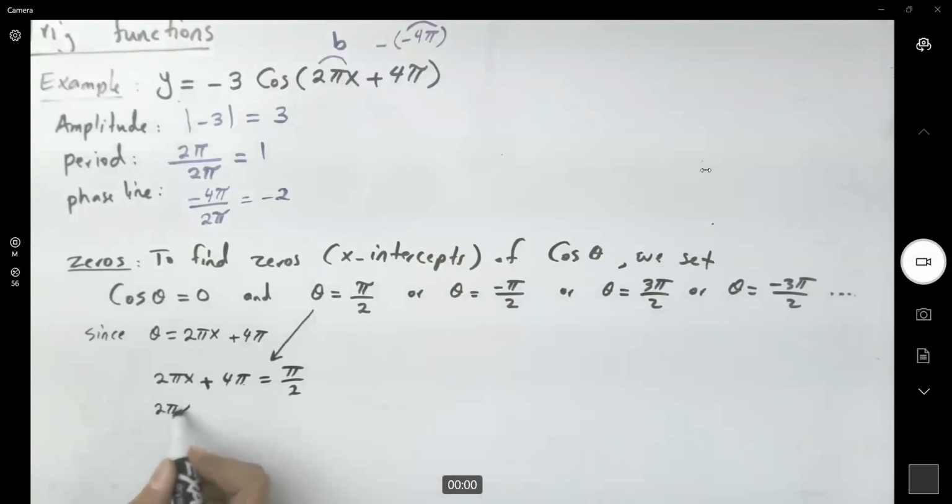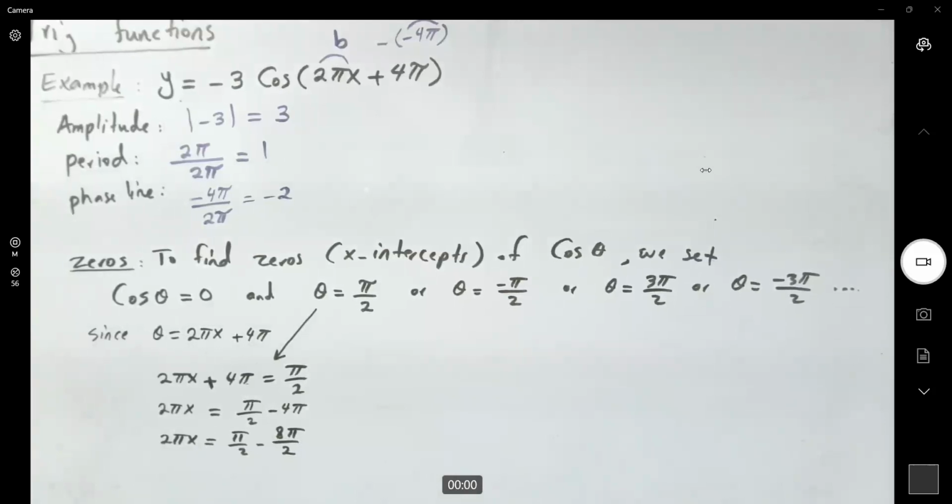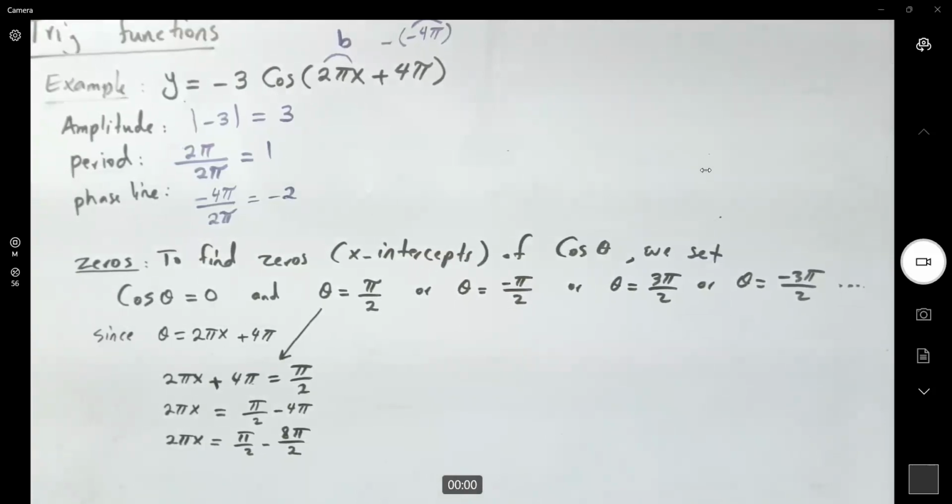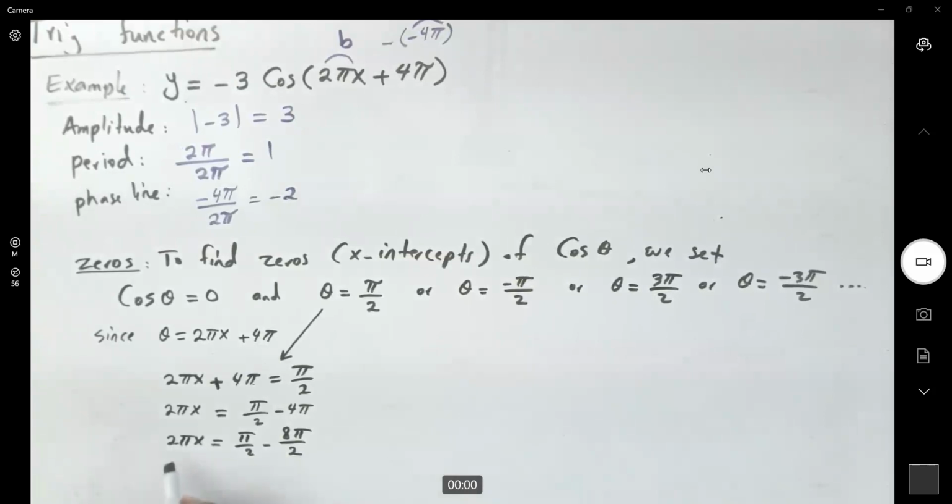So 2 pi x is equal to pi over 2 minus 4 pi, or 2 pi x is equal to pi over 2 minus 8 pi over 2, or 2 pi x is equal to negative 7 pi over 2, or x is equal to negative 7 over 4.